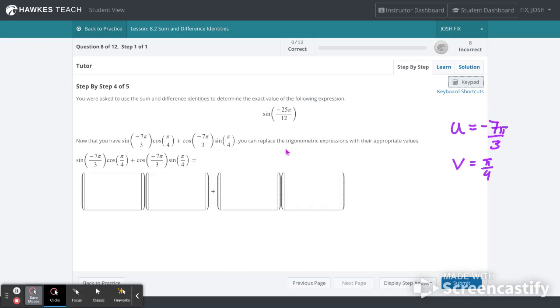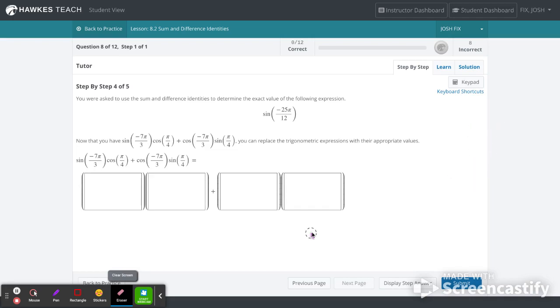And I don't think that I've actually talked to you guys about this particular situation, and that is that we have two different possible options when we're looking for angle measurements of 30, 60, 90 and 45, 45, 90. So we have two different triangles that we're going to draw and think about here.